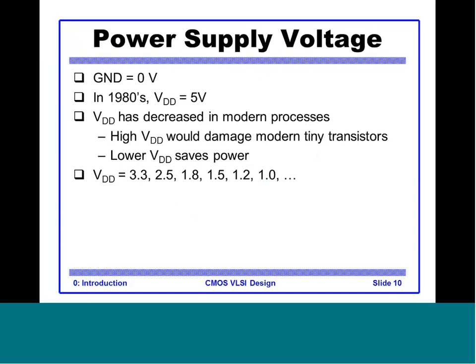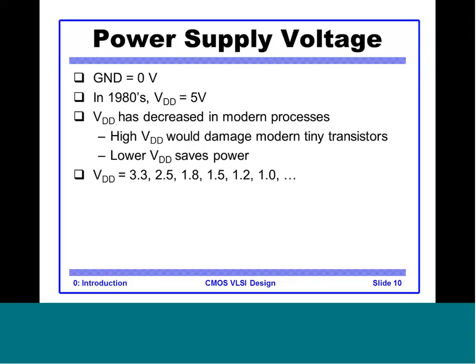Now let's come to VDD. What does VDD mean? In the 1980s, VDD used to mean 5 volts. But as the technology has decreased, the devices have shrunk in size, so a VDD as high as 5 volts will damage the tiny transistors. That is why, along with decreasing technology, VDD is also decreasing. This also results in lower power.